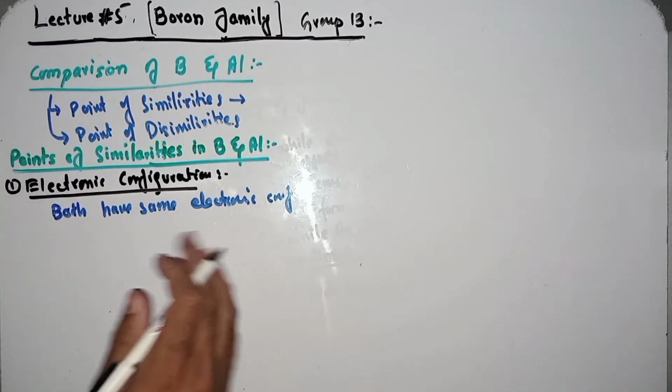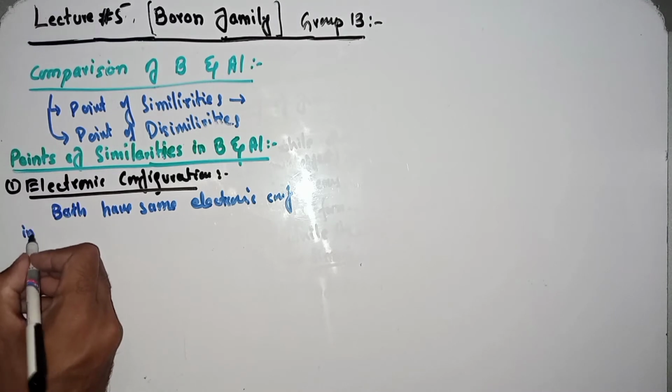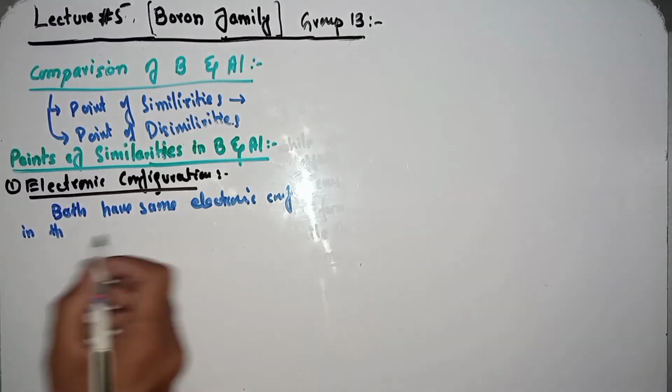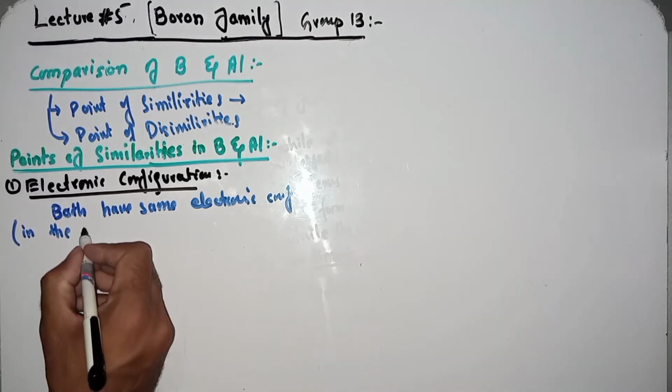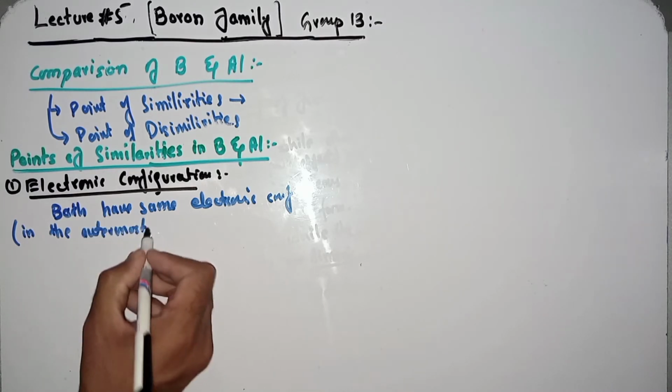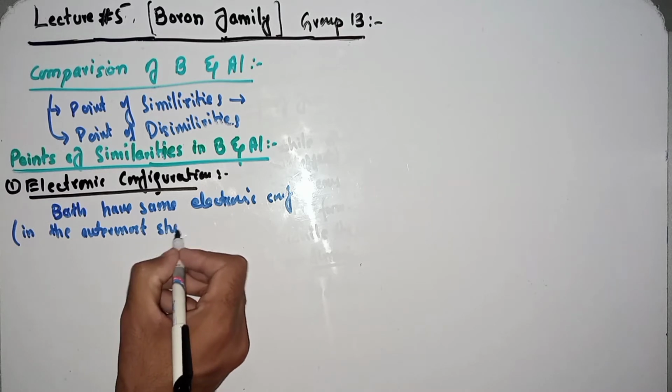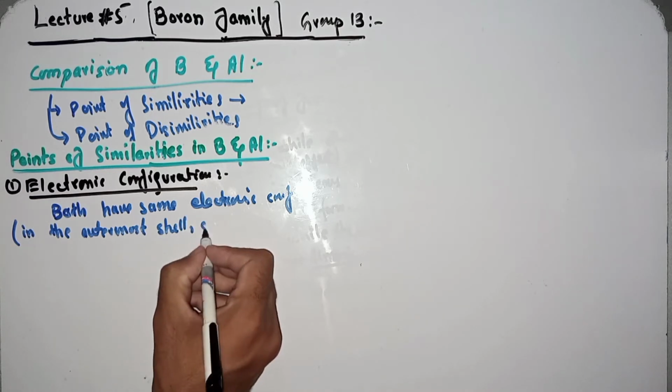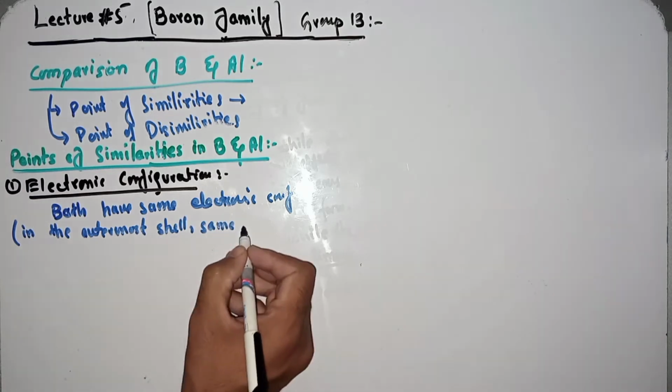In the outermost shell, the same number of electrons is present. It means both have the same electronic configuration, the same electron cloud in the outermost shell, and the same valency.